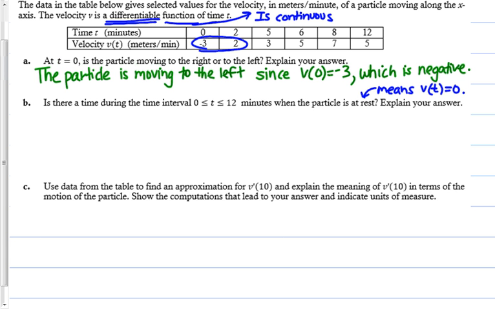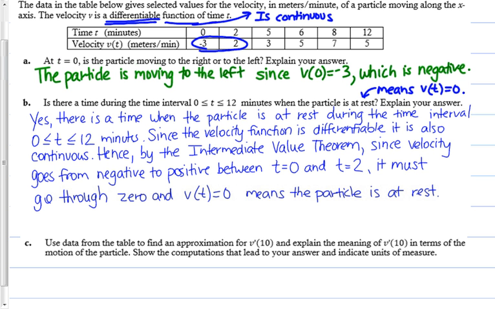Okay, so here's my explanation using that intermediate value theorem. Now remember, the intermediate value theorem works on a closed interval. So my interval from 0 to 12 is less than or equal to. That means closed. So yes, there is a time when the particle is at rest during the time interval from 0 to 12 minutes.